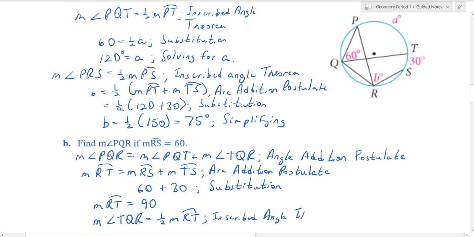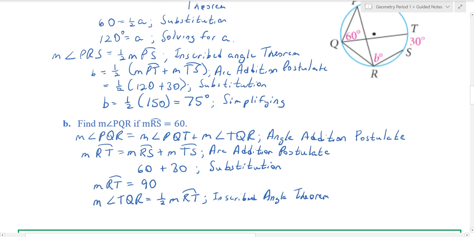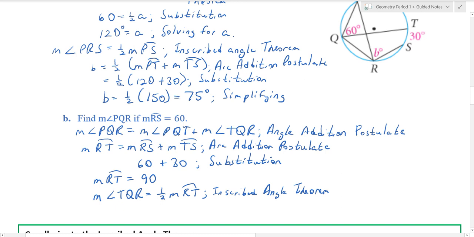And then we can say that the measurement of angle TQR equals 1/2. We found that RT happens to be 90, which gives me 45 degrees, and that is what TQR is, 45 degrees.